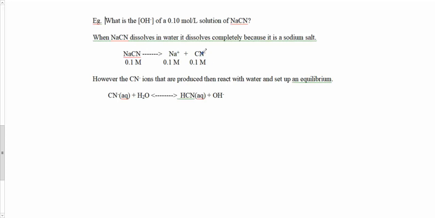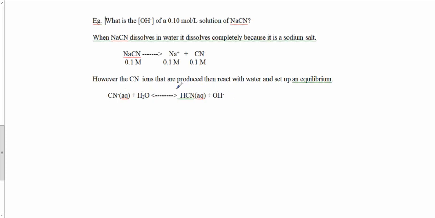of CN-. Now, oddly enough, is this thing by itself an acid or a base? No. However, this thing can act like a base, and when it's in water, it acts like a base. However, the CN- ions that are produced can then react with water and set up an equilibrium. So CN- plus H2O gives HCN and OH-.